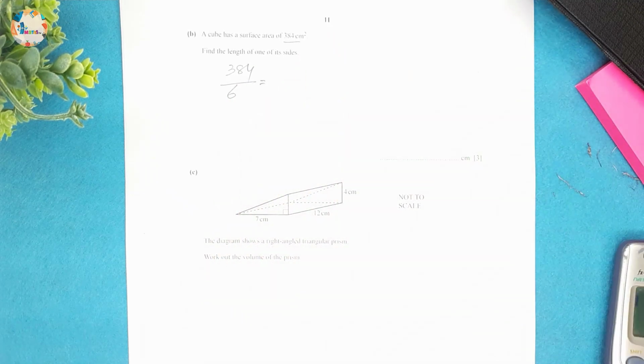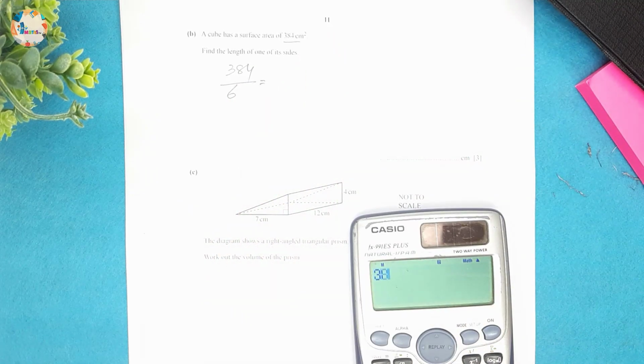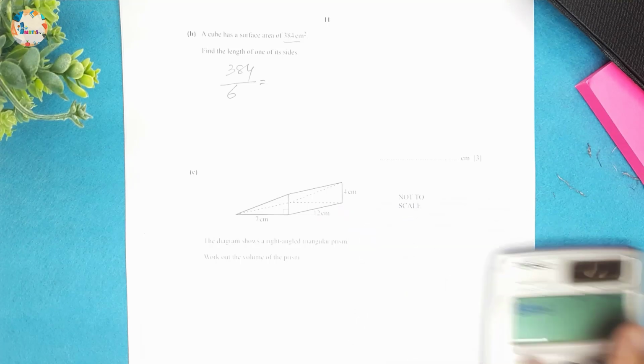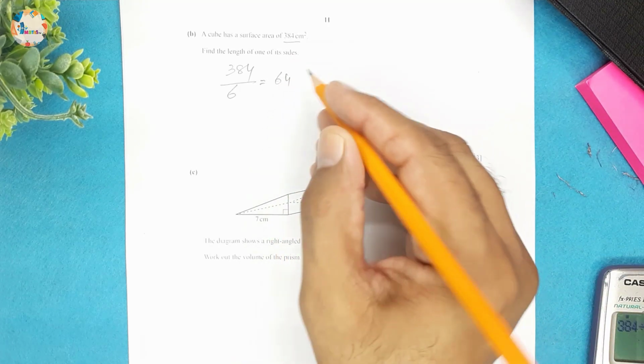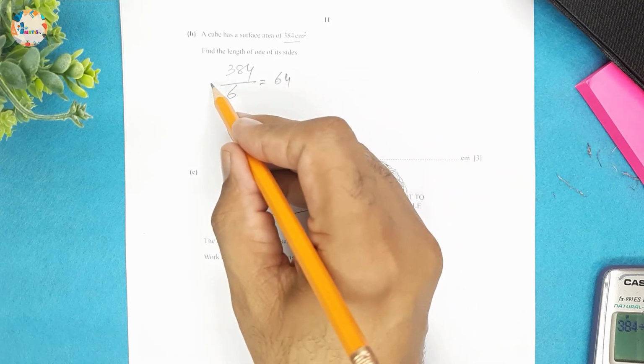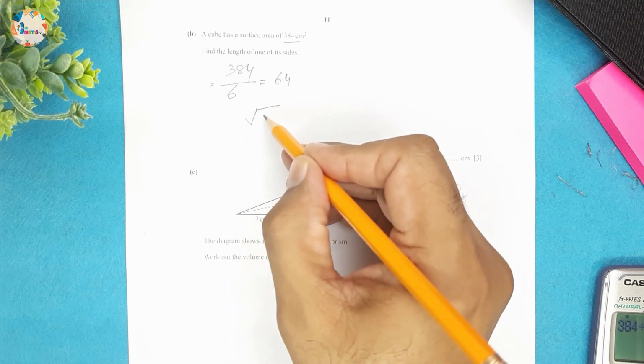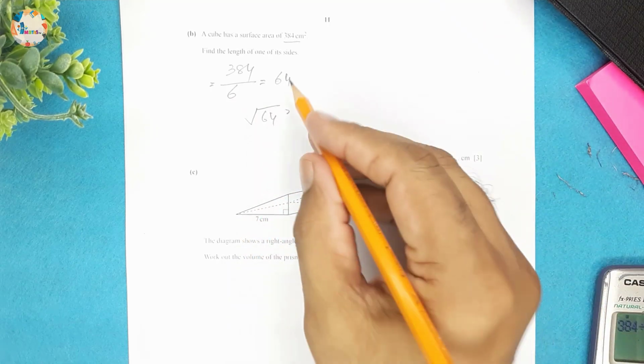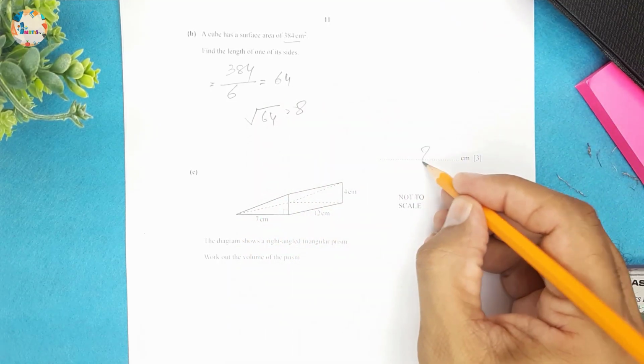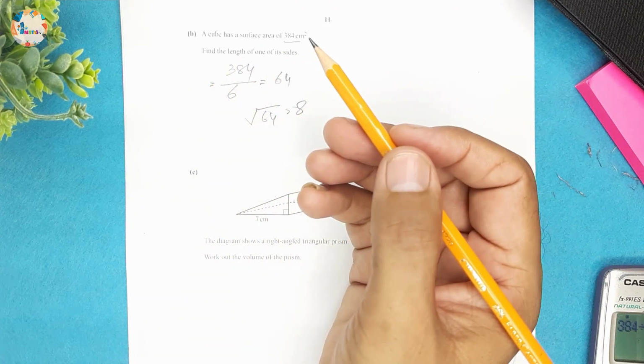So 384 divided by 6 will be equal to 64. So 64 will be like a square side, so we can take the square root of 64, which is equal to 8. So 8 centimeters will be the measurement.